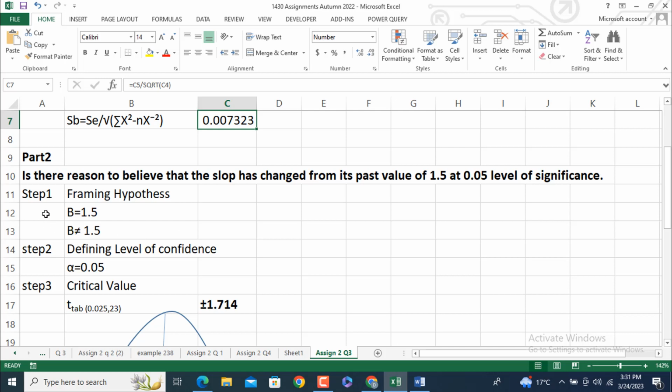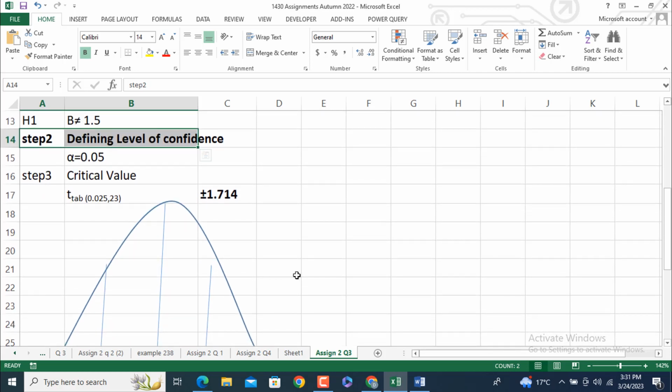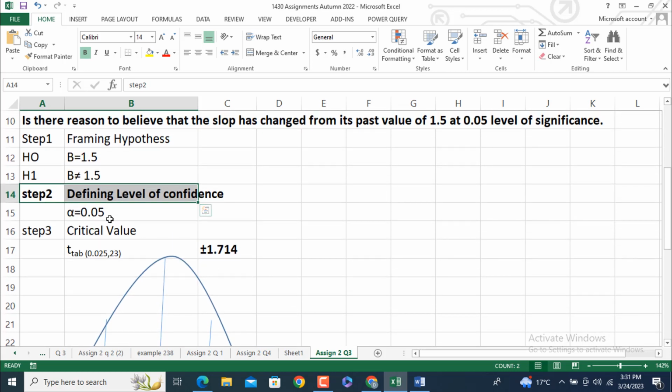The second step is defining the level of significance: alpha is equal to 0.05, and in case of a two-tail test it is 0.025 in each tail, with critical values of plus minus 1.714.